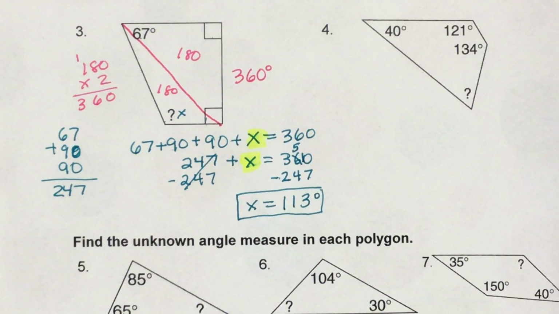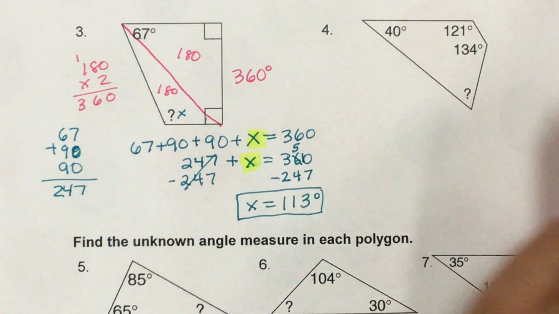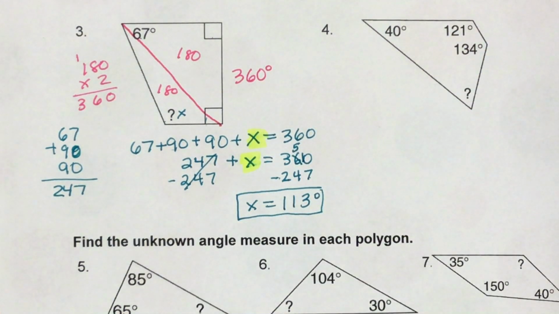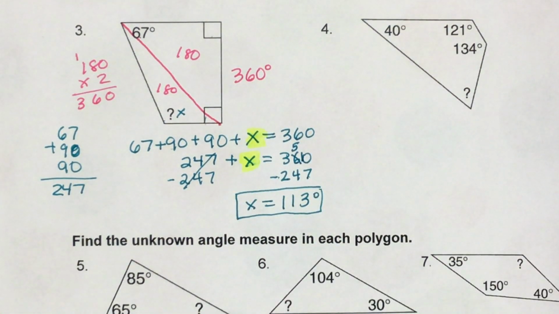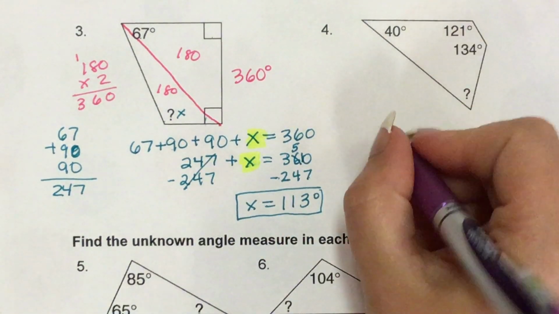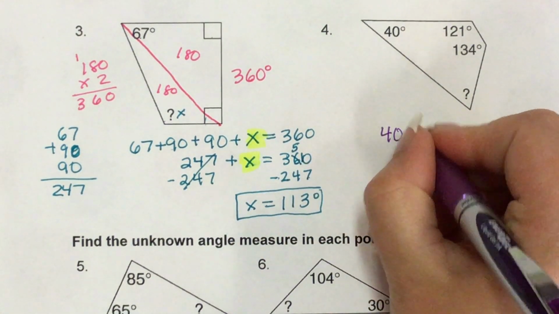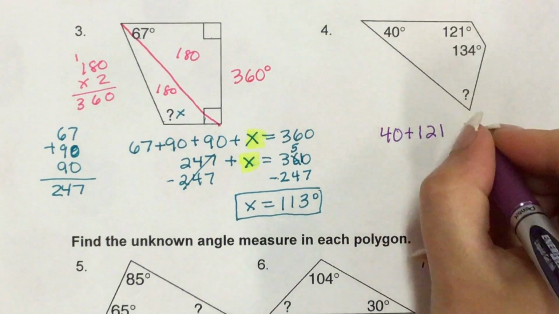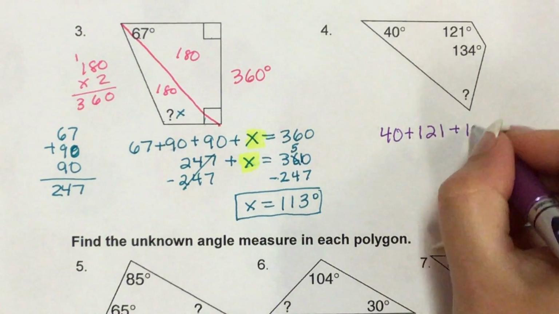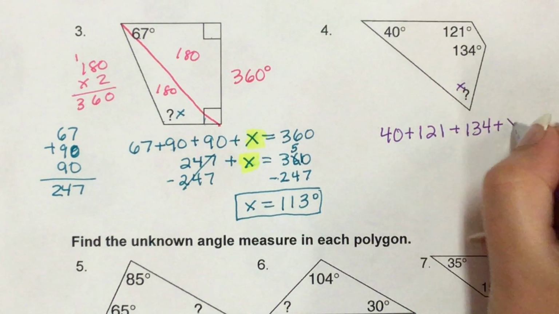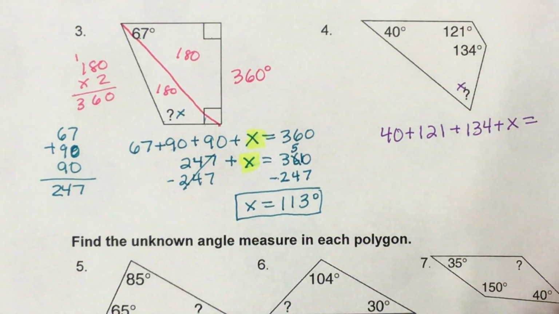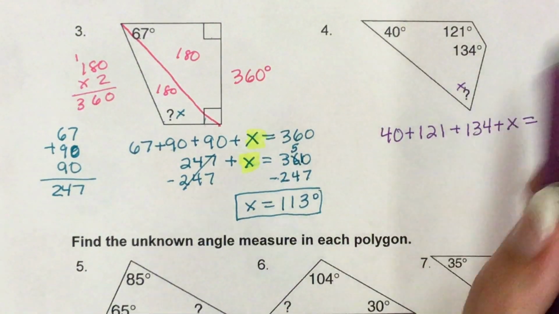Okay? So now let's go ahead and try problem number 4 together. So problem number 4, we have some angle measures here, right? So we have 40 degrees plus 121, I'm going to write my equation, plus 134 plus this unknown measure, which I'm going to call x, is going to equal, I don't know, I got to figure out what is the sum of all these angles.